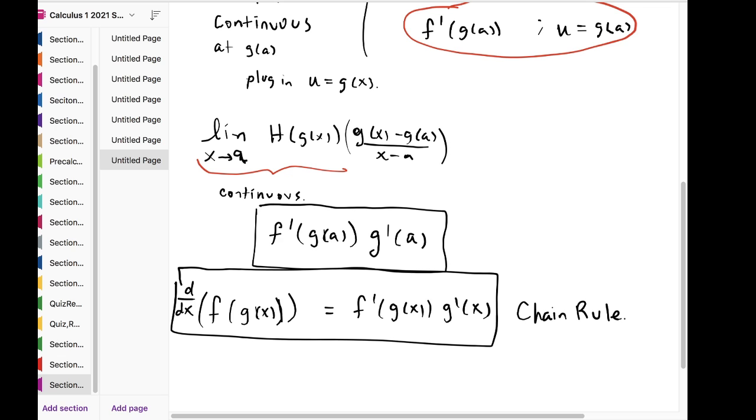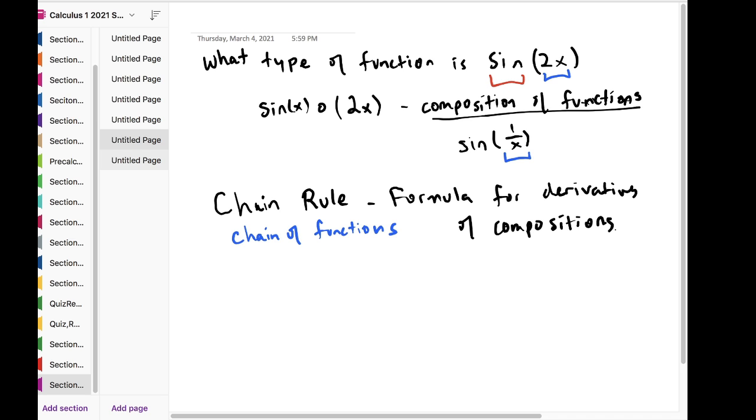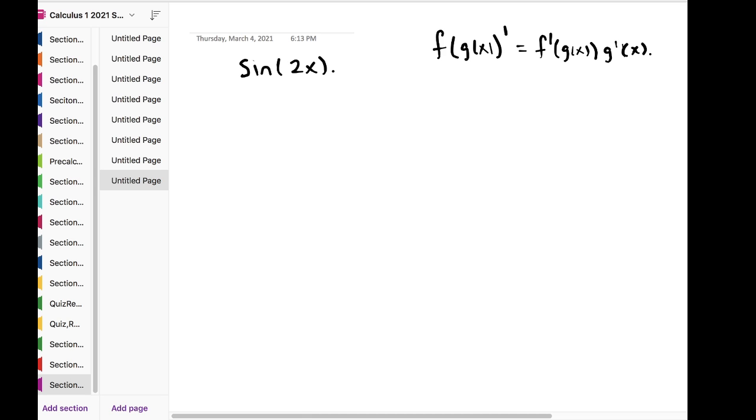Okay, so let's use the chain rule to take the derivative of sine of 2x. First we have to say what is f and what is g.